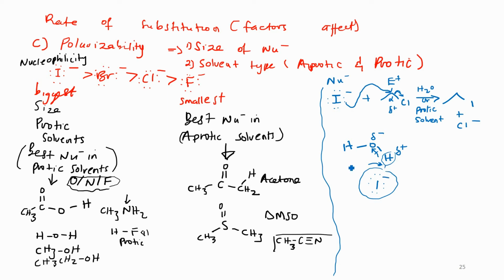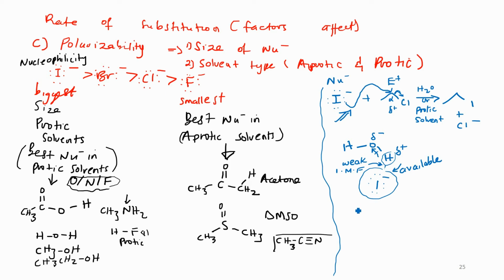So the intermolecular forces between I minus and hydrogen is weak. So we call it weak IMF, weak intermolecular forces. So which means the I minus is very much available to do the attack like it's doing up here. It's not trapped or bound to the solvent molecules.